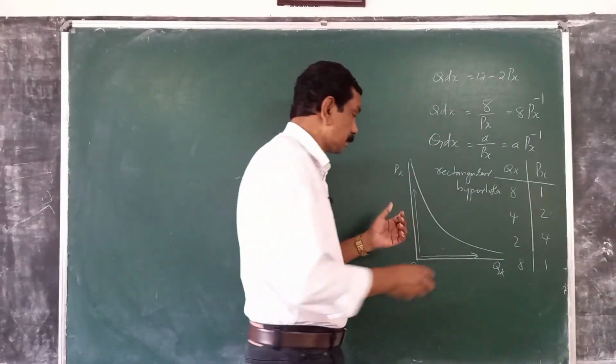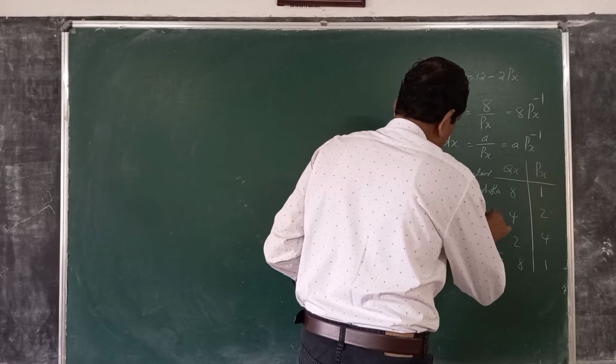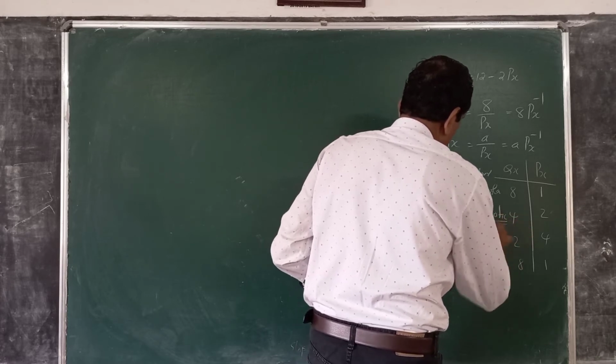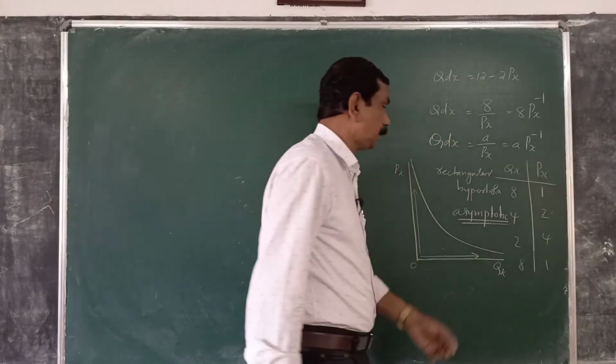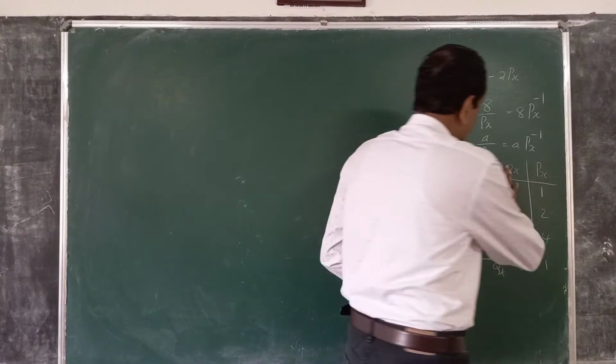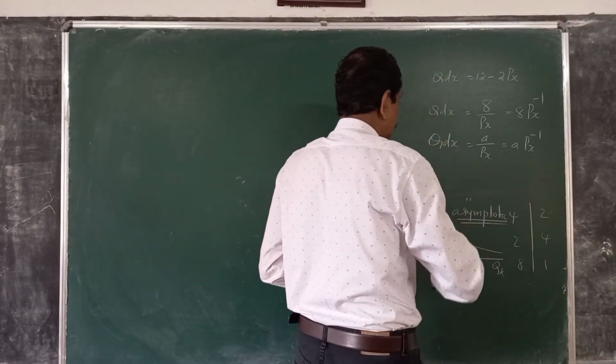So we will say that the demand curve is asymptotic. The demand curve is asymptotic to both the x-axis and the y-axis. It is a very famous demand curve, and its usefulness will be considered later.